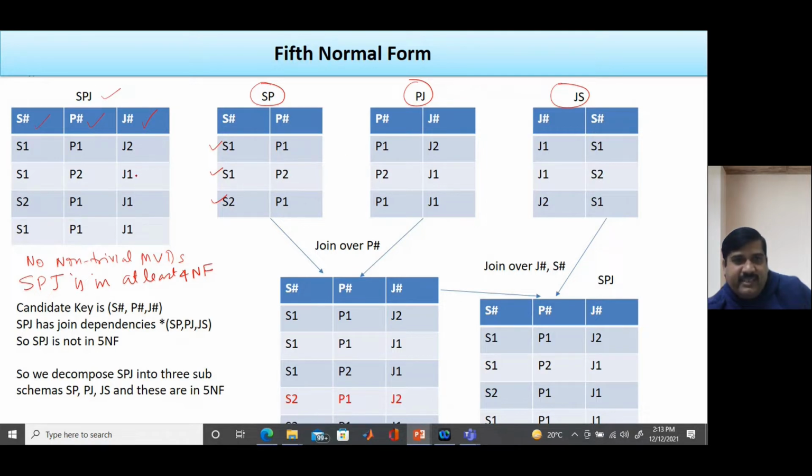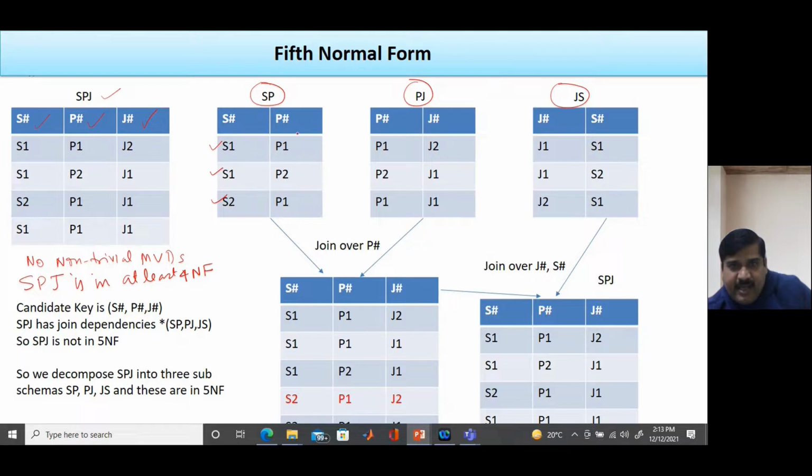And in JS we keep J2 S1, J1 S1, J1 S2, and again J1 S1, so three records in this table.